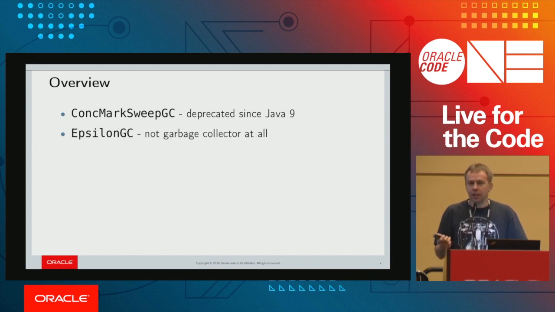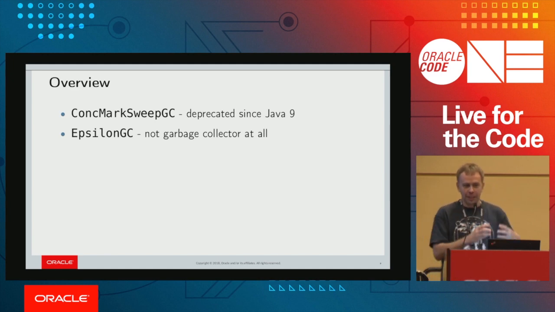Okay, Epsilon GC. Who has heard something about Epsilon GC? Okay, it's not a GC. It's not a garbage collector. There is some terminology misunderstanding here, because we call some part of the virtual machine the garbage collector. But in reality, in order to collect garbage, you have to create garbage before.